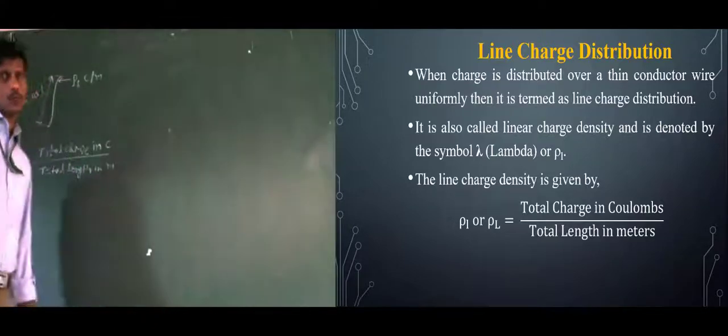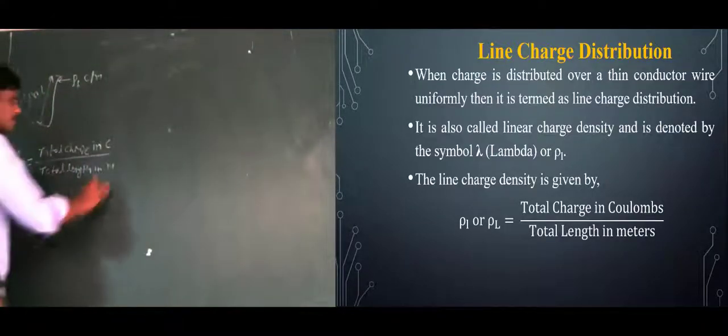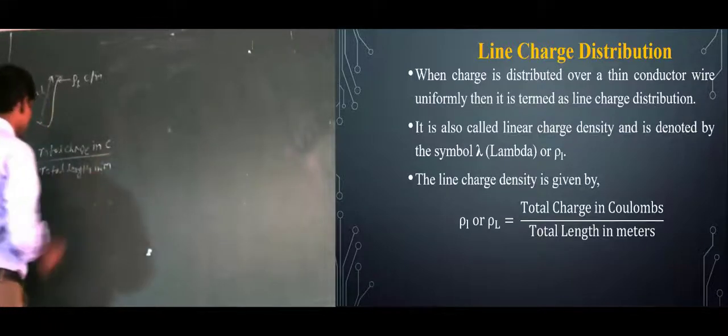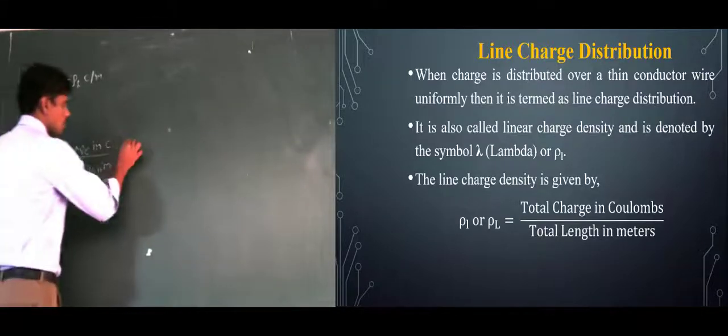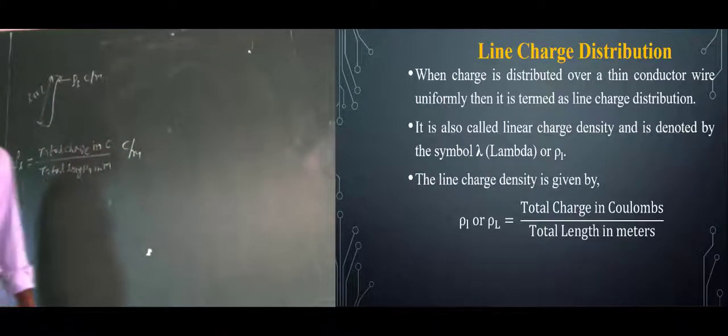Charge is measured in coulombs, length is measured in meters, and the dimension of line charge density is coulombs per meter. So this is the definition of line charge density.